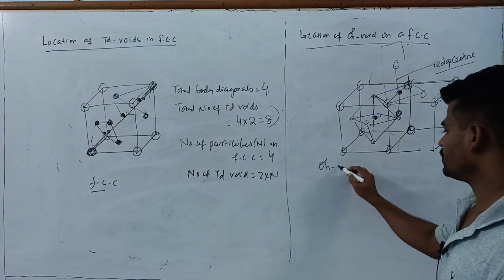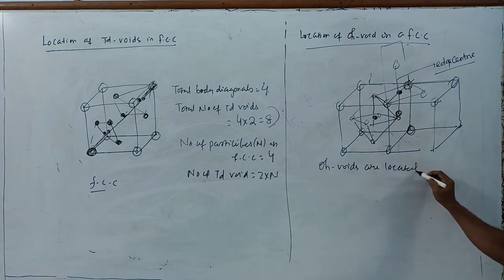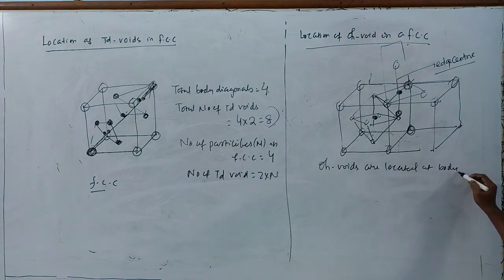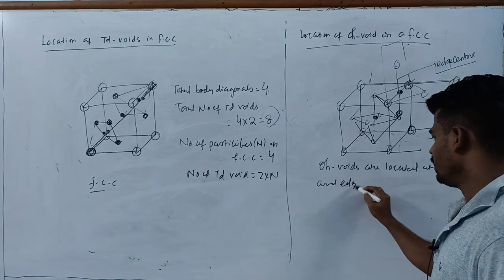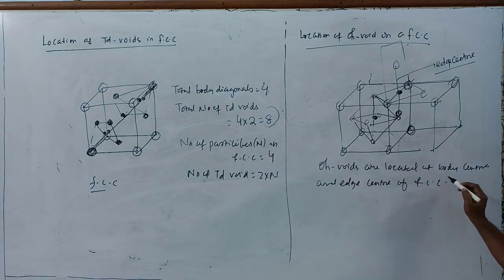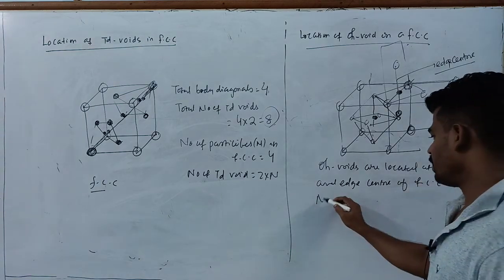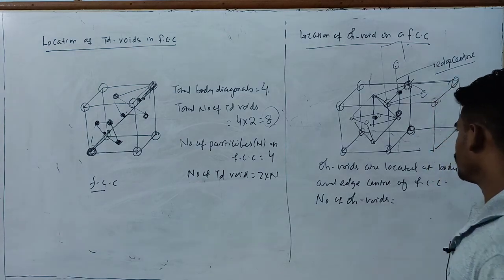So octahedral voids are located at body center and edge center of FCC. Clear?